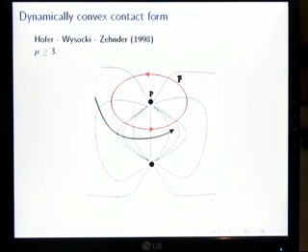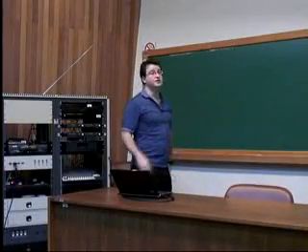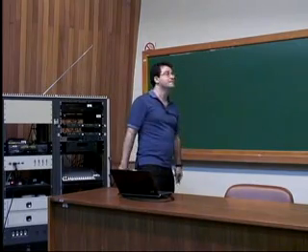And of course, I have to mention this recent result by Umberto, which is that the fixed point of the return map, which is here represented by this red circle, also admits an open book decomposition, which is a transversal open book.